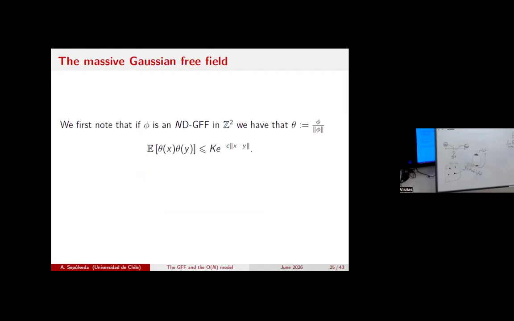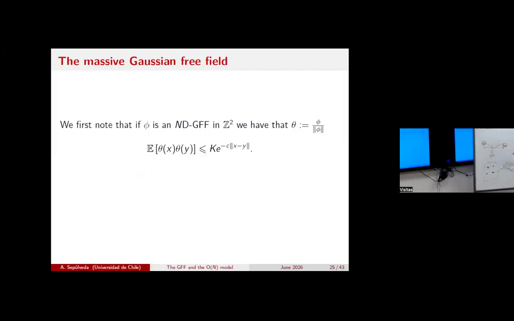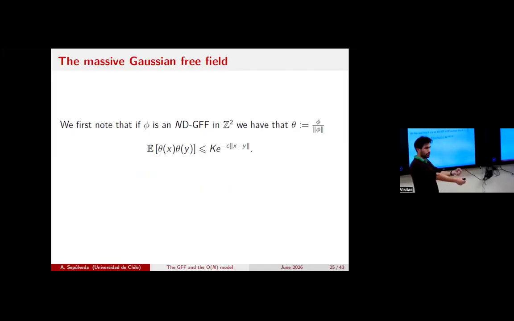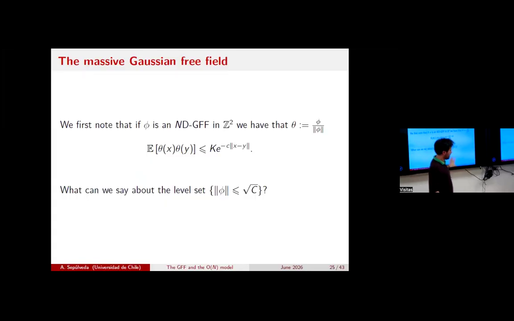And the main reason is the massive GFF. You take a massive two-dimensional GFF, actually n-dimensional works also, and its correlations are exponentially decreasing, so the angles are also exponentially decreasing. Actually, the level sets: I told you, in a GFF, the higher you are, the colder you are.